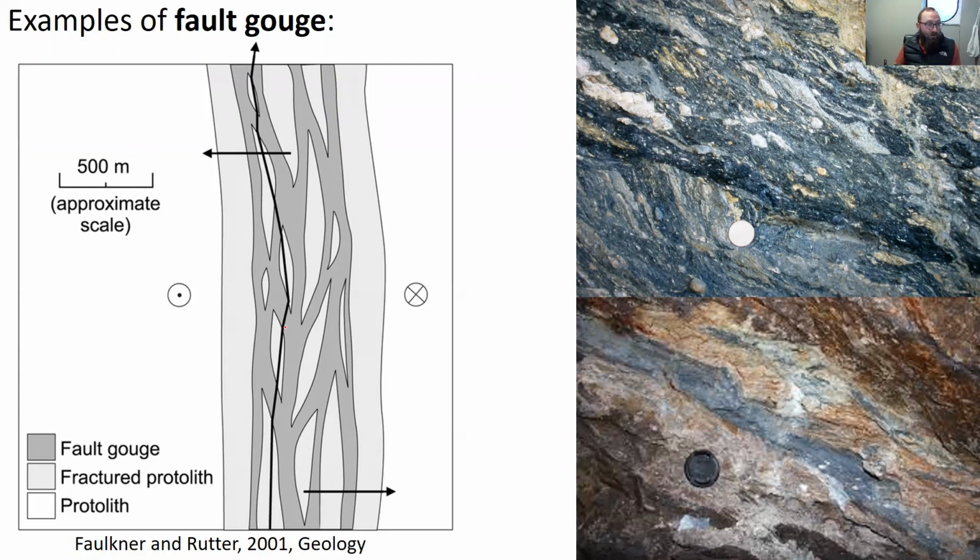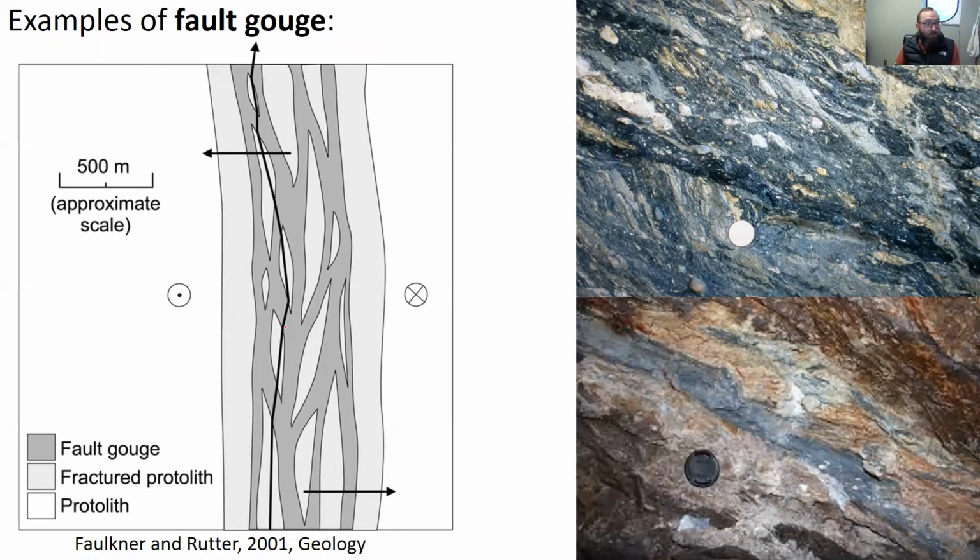So the distribution of breccia series fault rock within a fault zone varies from fault to fault considerably, but it can be really important to map out the distribution of different types of breccia that we see in faults, meaning the different grain sizes of breccia in our breccia series of rocks within an individual fault zone.